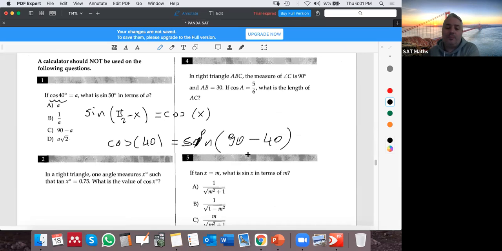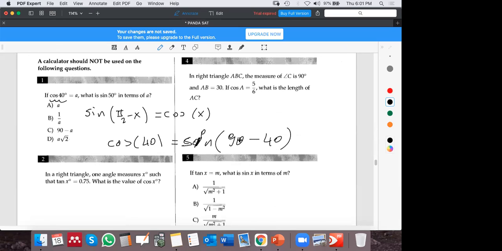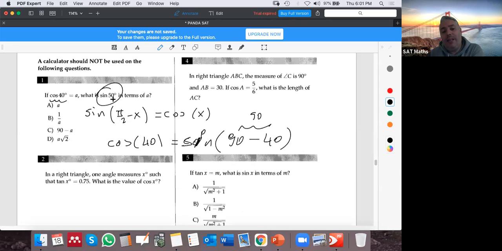Think a bit. Yes, it is. What is 90 minus 40? 50. This is my question: find sine 50. So sine 50 is directly cosine 40. They are equal. Cosine 40 is A, so the answer is A. That's it. Check it one more time.